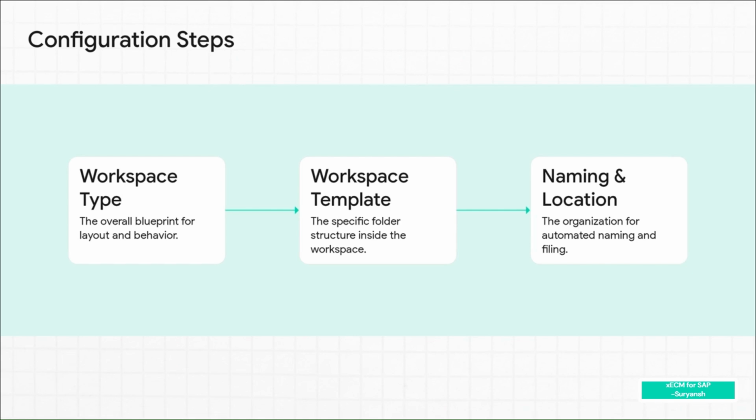First, you define a workspace type, and that's like the master blueprint that controls the overall layout and behavior. Second, you create a workspace template, which defines the specific folder structure that's going to live inside. And third, you set up naming and location patterns, so every single folder is automatically named and filed correctly, every time. It's just blueprint, structure, and organization.